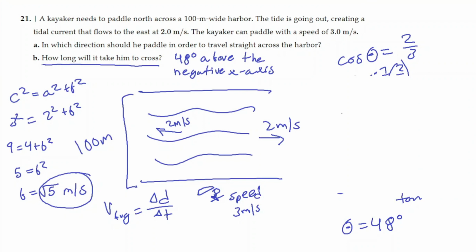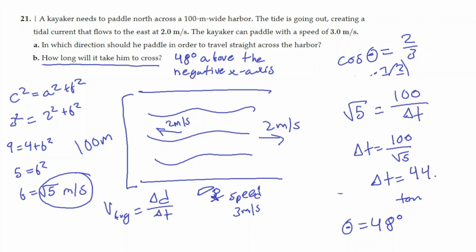So we're going to have square root of 5 is equal to delta d, which is 100 meters, the distance that he has to cover, and delta t is what we're trying to find. So we could switch delta t and square root of 5. So delta t is equal to 100 over square root of 5, which is 44.7 seconds. And that is how long it will take him to cross the river.